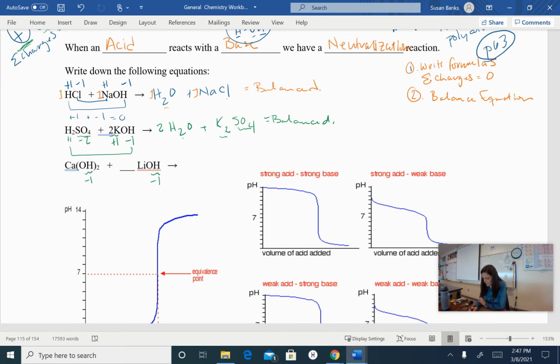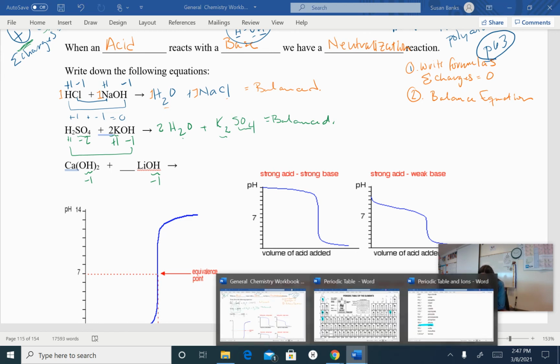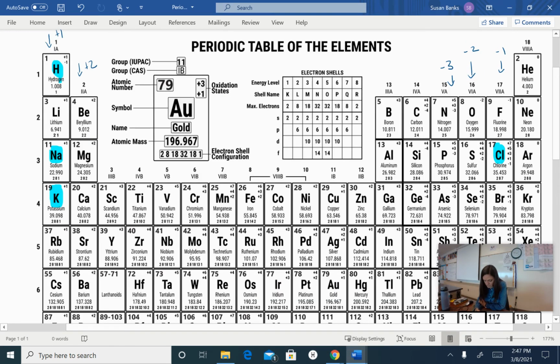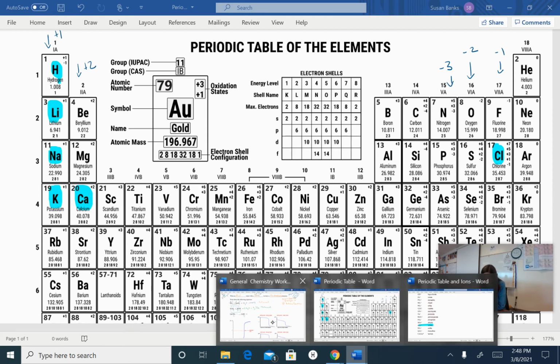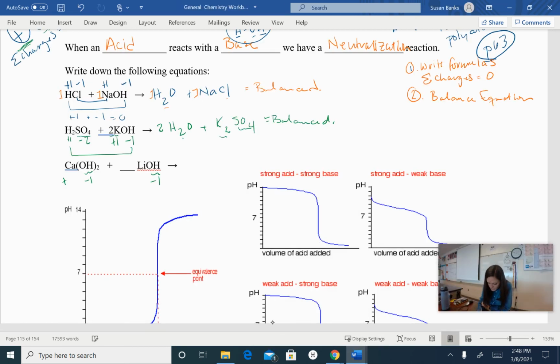So we need to look up calcium and we need to look up lithium. So calcium is right here. It's a +2. And lithium is a +1. Okay? So calcium is a +2 and lithium is a +1.